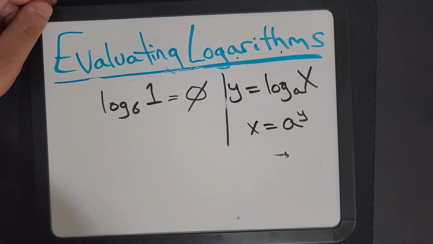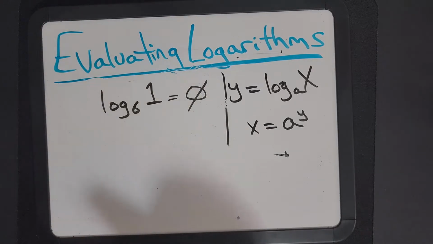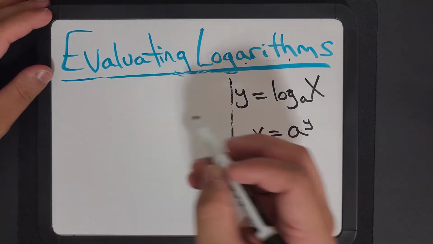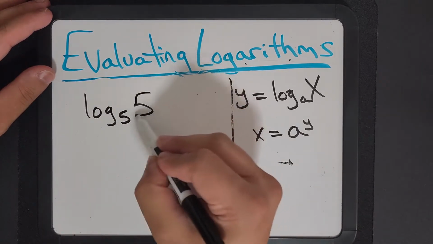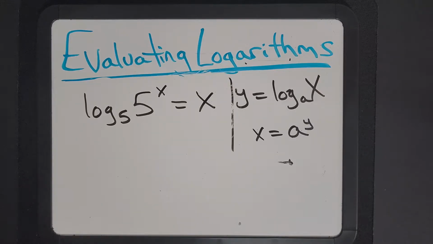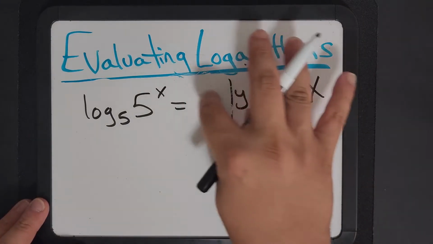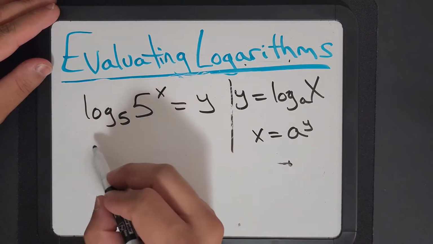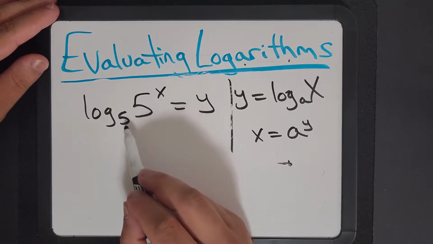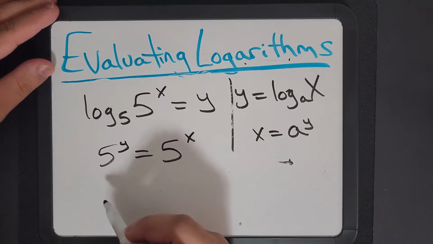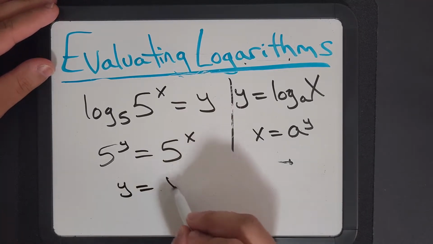Let's do another one. Now this one might look confusing to you, but let's just try, instead of putting in x, let's put in a y and see what we get. 5 to the power of y is equal to 5 to the power of x, which means y is equal to x.